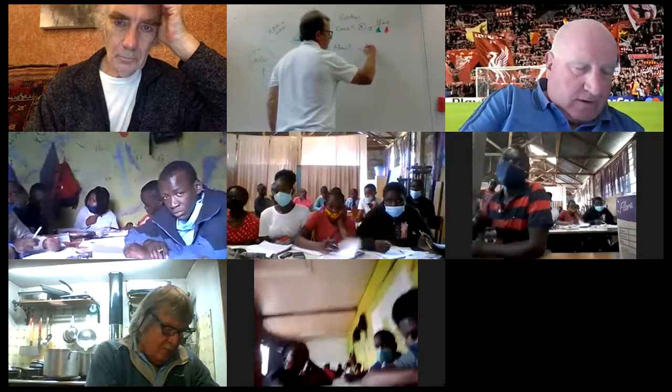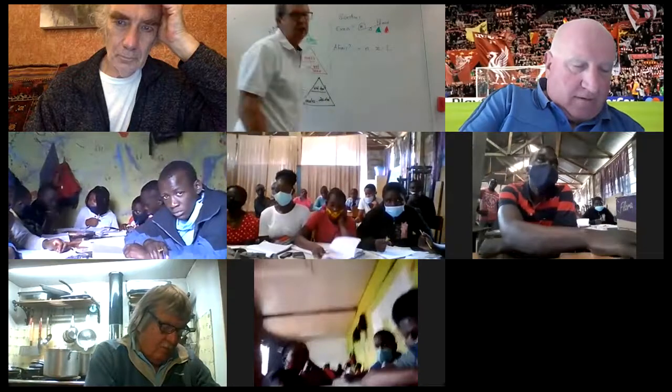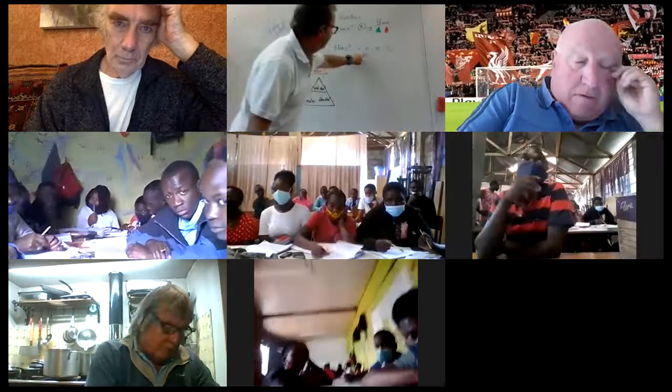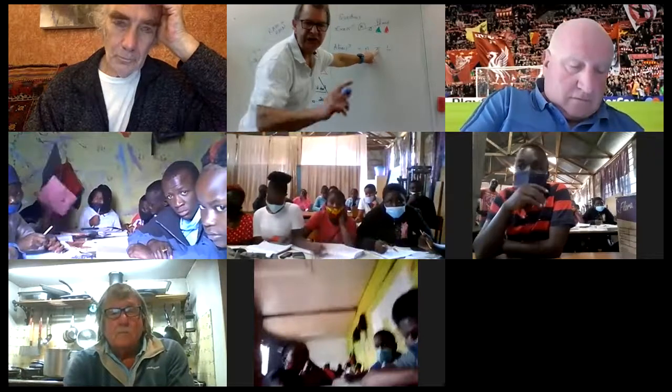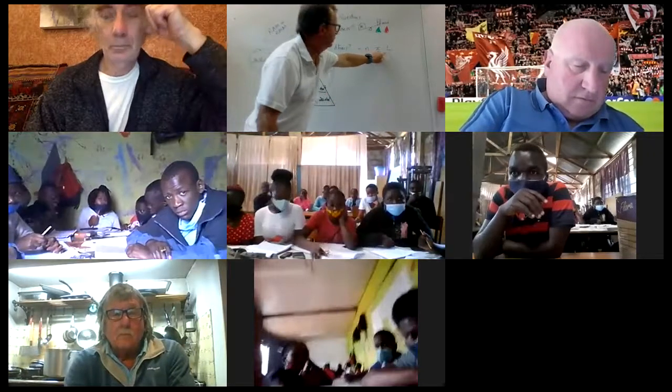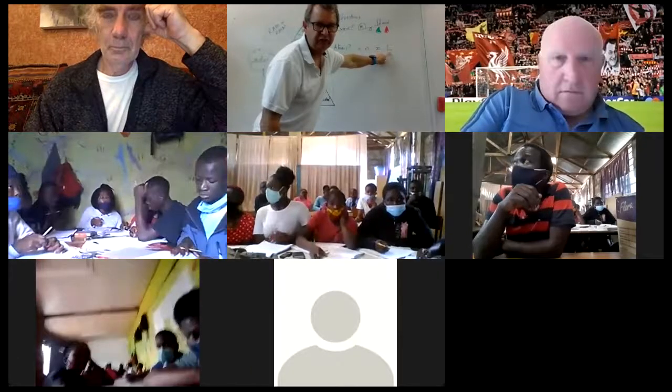I normally write it like this. This is the number of moles. This is the number of atoms in the compound. And this is Avogadro's number, 6 times 10 to the 23.